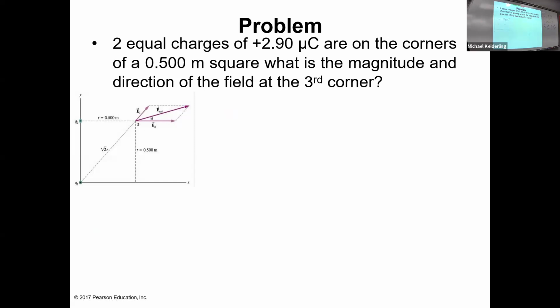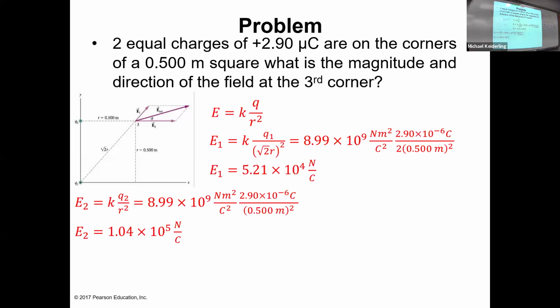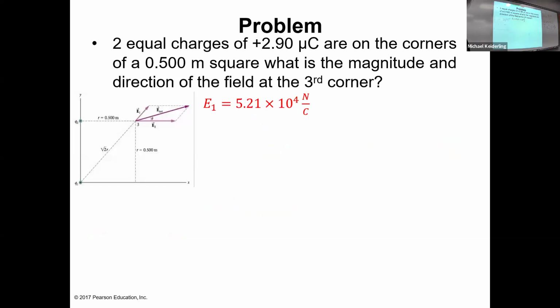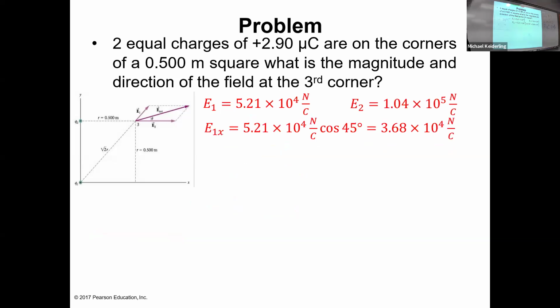Now, when we combine them, we have to add these as vectors. So E1 is 5.21 times 10 to the 4 newtons per coulomb. E2 is 1.04 times 10 to the 5 newtons per coulomb. But E1 is at a 45-degree angle.